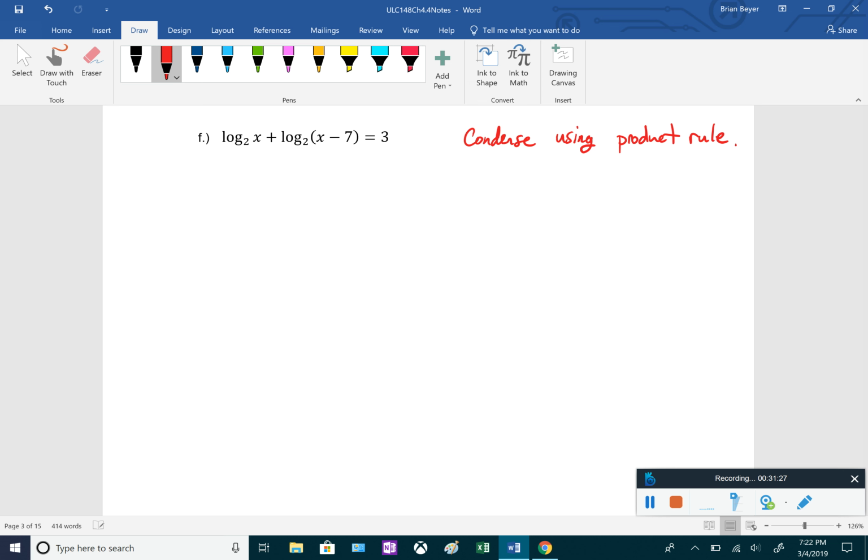So using the product rule here, it's going to be log base 2 of x times x minus 7 equals 3, which is the same thing as log base 2 of, I'm going to distribute, x squared minus 7x equals 3.